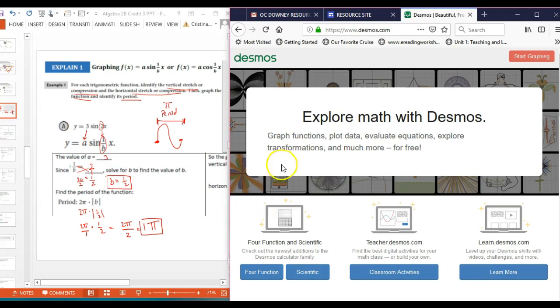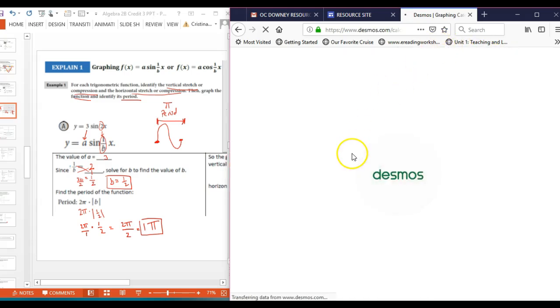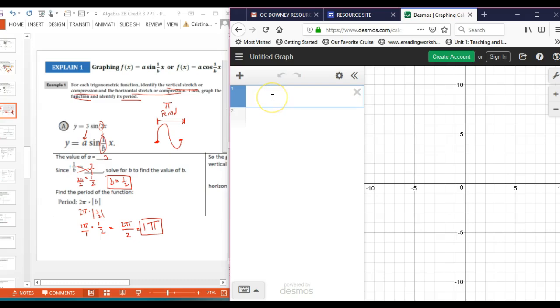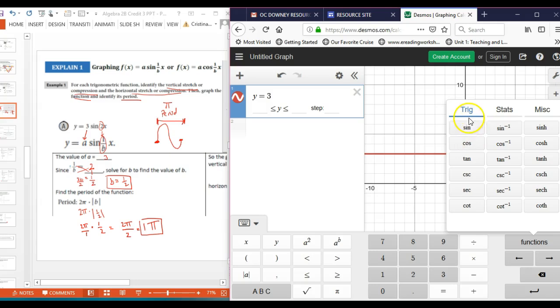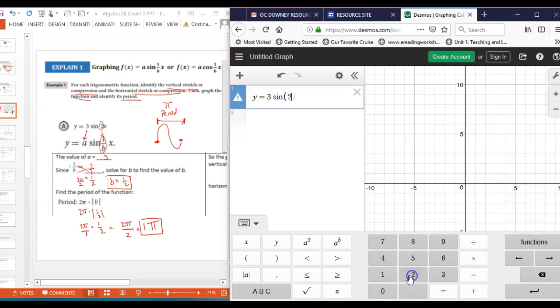So alright, I opened up Desmos.com and we're going to start graphing. It's going to load, and we're going to type in our equation, y equals 3 sine 2x. Oh, how convenient.